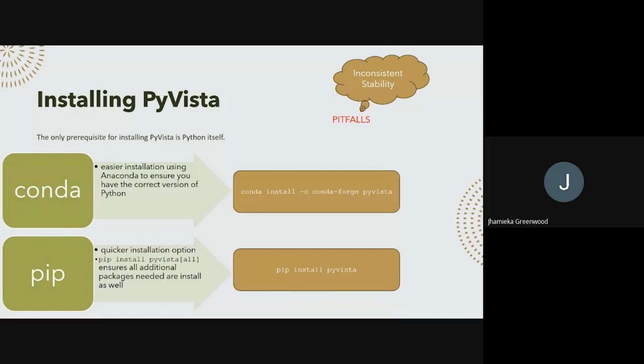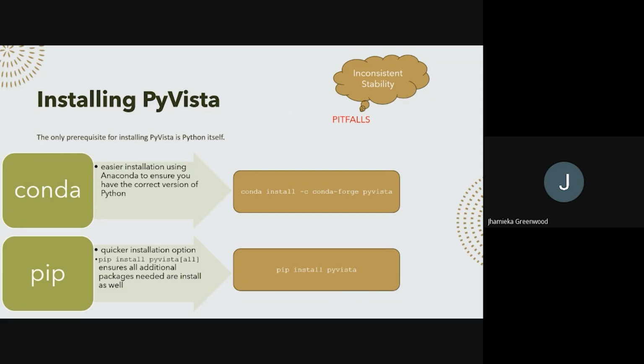One thing when you're getting started with a new software package is installing it. That was one of the challenging and fun parts of my internship, getting everything installed and ready to work with. For installing PyVista, the only thing you need is Python itself.